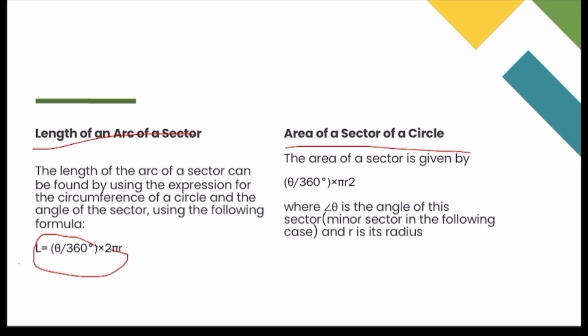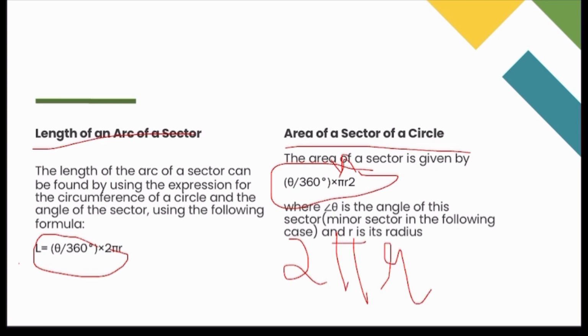The area of the sector is theta by 360 into pi r square, where theta is the angle of the sector and r is its radius. Here, you can just remember this formula. It's a trick: when it comes to length, just add the 2 here, so it will be theta by 360 into 2 pi r.